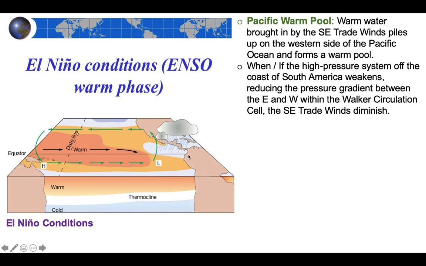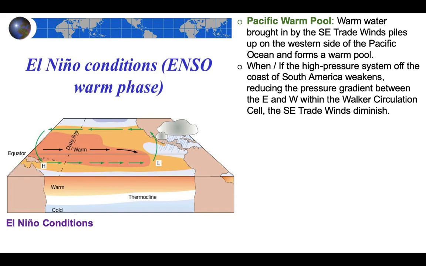And on the other hand, to the east, we have a low pressure system up the coast of Central America and the northwestern part of South America. So the warm water brought in by the trade winds earlier piles up against the Australian continent and Papua New Guinea.